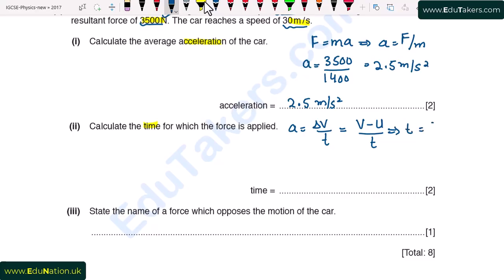It will be equal to v minus u over a. So I am going to put values here. Time will be equal to final velocity, given 30 meter per second, minus initial velocity, which is 0 because the car is initially at rest, over acceleration, that we already calculated in the first part, it is 2.5 meter per second square. So the value of time comes to be 12 seconds. I write here time is equal to 12 seconds.